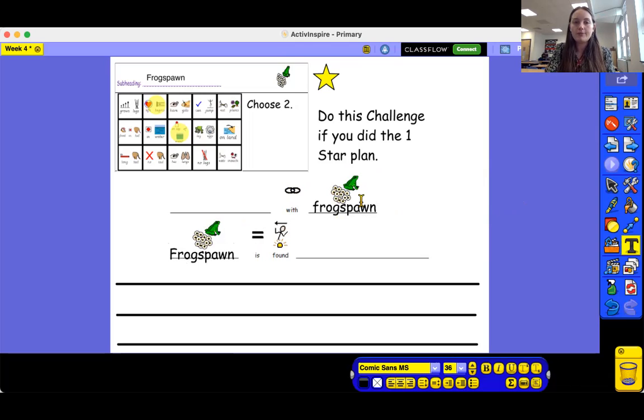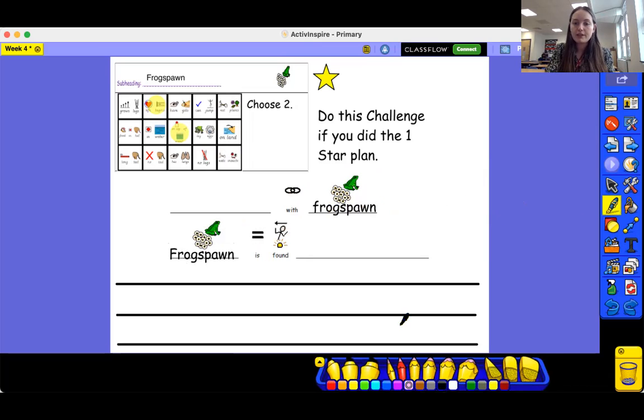Life begins with frog spawn, or on top of water with frog spawn. Which one makes sense? Brilliant. Life begins with frog spawn. That one makes sense, so I'm going to write that on that line. Frog spawn is found on top of water, so I would write that on that line.